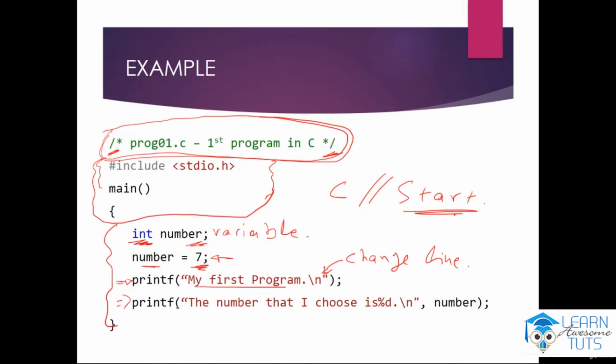And this command means that also print this message, but then I would like to print the value of the variable number. So it will print my first program, it will change line, it will then print the number that I choose is, and then it will print the value of the variable number, which is 7. So it will print the number that I choose is 7, and it will again change line.